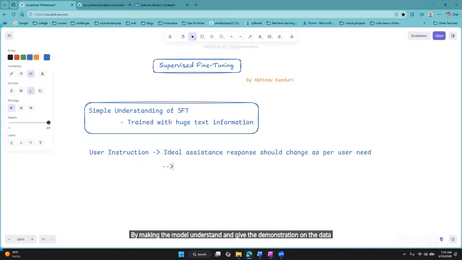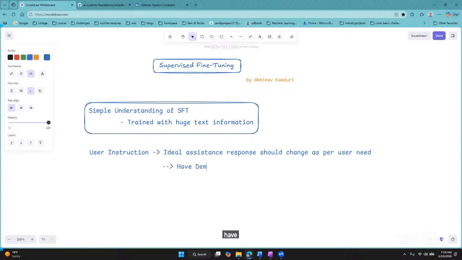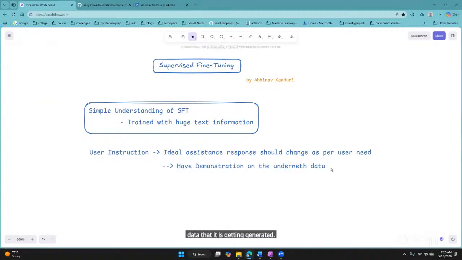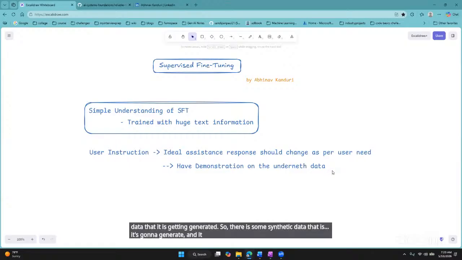So it will have demonstrations on the underlying data that it is generating. There is some synthetic data that it's going to generate, and it will fall in place as per user need.